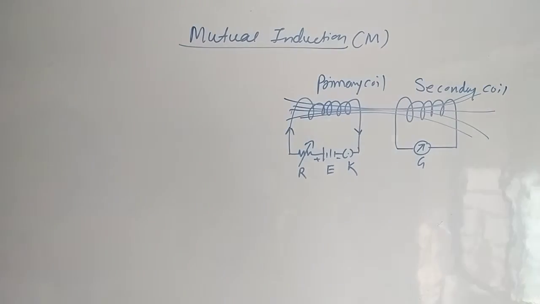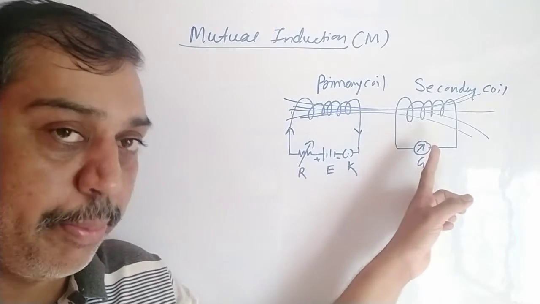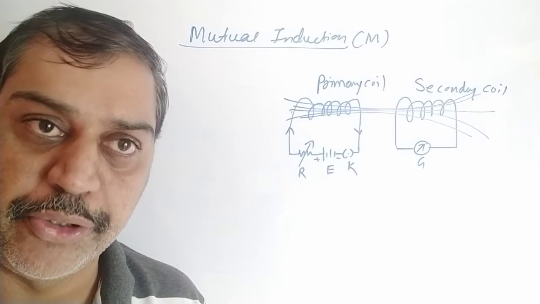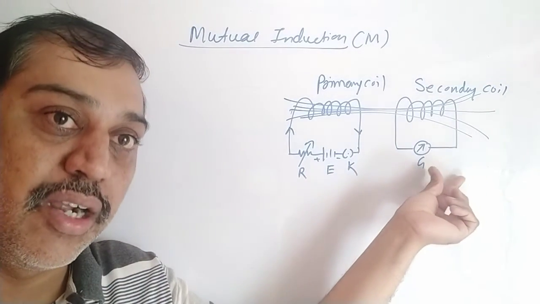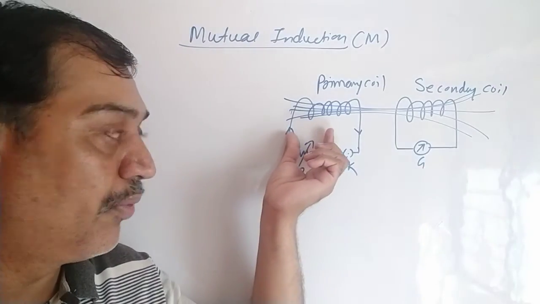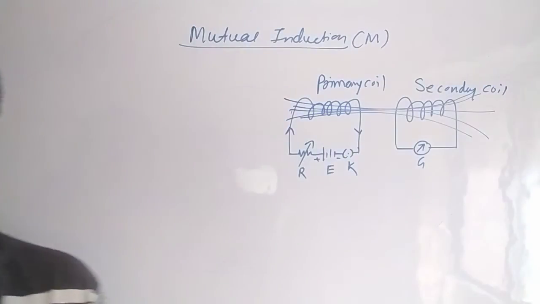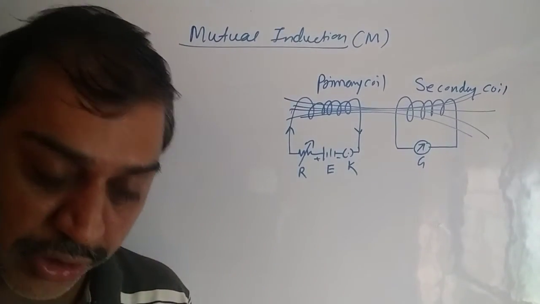So what is the phenomenon? Current passes through the first coil, and it will induce an EMF in the second coil. This phenomenon is said to be the principle of mutual induction. If we apply this eliminator here and pass a current to the secondary, definitely in the first coil the EMF gets induced, and that is nothing but the phenomenon of mutual induction.